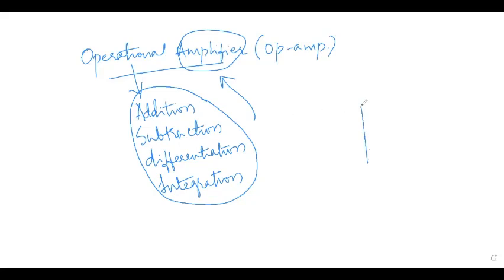And the symbol of op-amp looks like this, which has two input terminals, supply voltages and one output terminal. Out of two input terminals, one is the inverting terminal, indicated by negative sign, and one is the non-inverting terminal, indicated by positive sign.